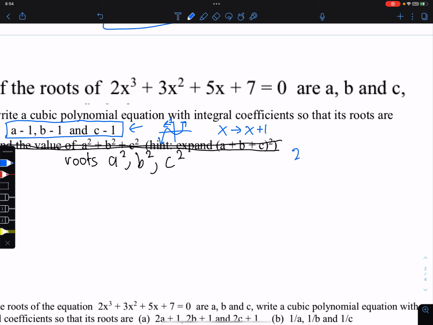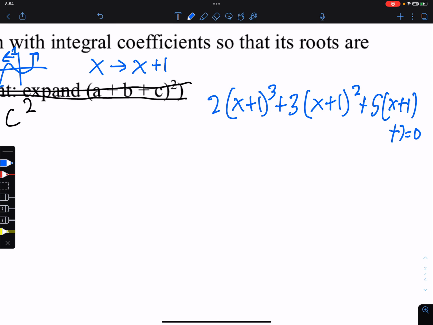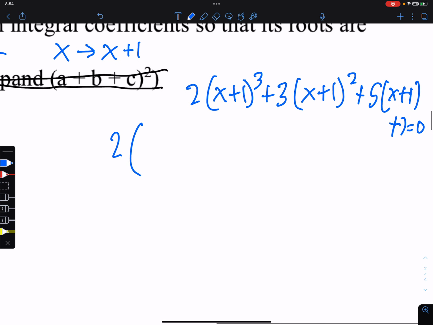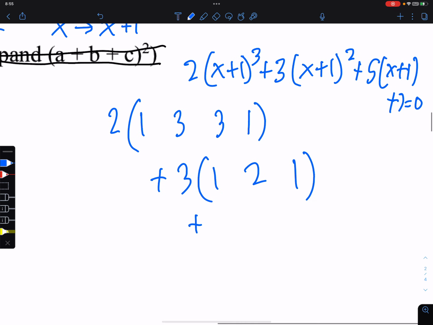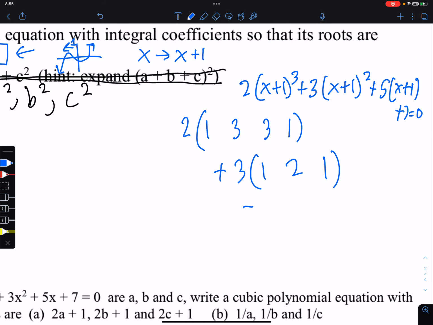And then you do x plus 1 cubed plus 3 times x plus 1 squared plus 5 times x plus 1 plus 7 equals 0. Okay, I'm just going to do coefficients, so 1, 3, 3, and 1, plus 3 times 1, 2, and 1, and then plus 5 times 1 and 1, and then 1.